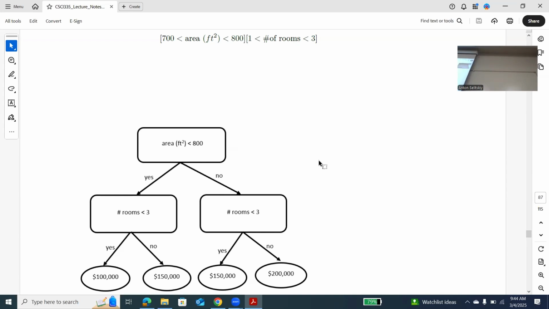And this is actually the regression tree. If you want to get an estimate for an apartment, you can pass the information about area and number of bedrooms to this tree. And based on these decisions and the nodes, you will get the price estimation.